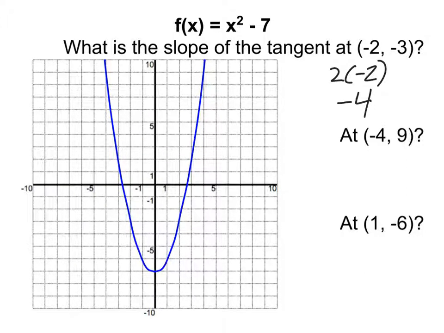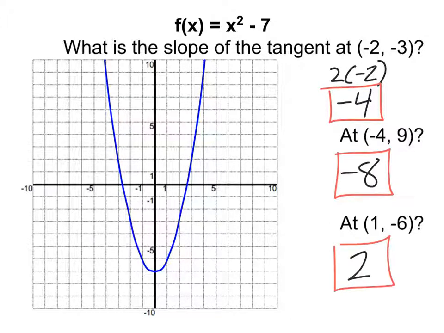For that first one, we should find the slope of the tangent line at -2 is -4. And once we plug in the other two the same way, plug the -4 in, plug the 1 in, we got tangent line slopes of -8 and 2. And so we're done. Finding that one equation let us apply it to all of these different points.